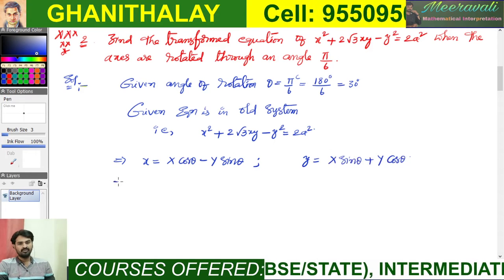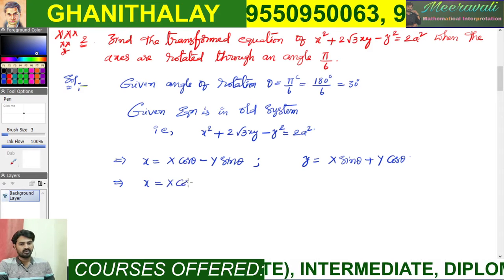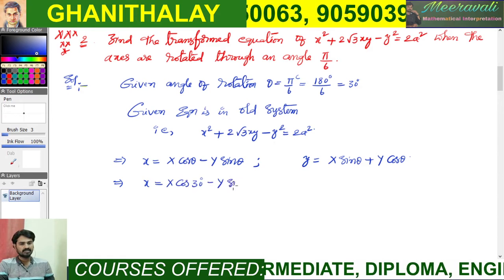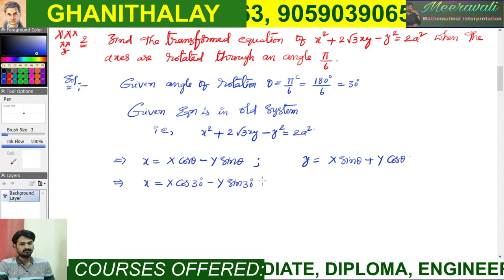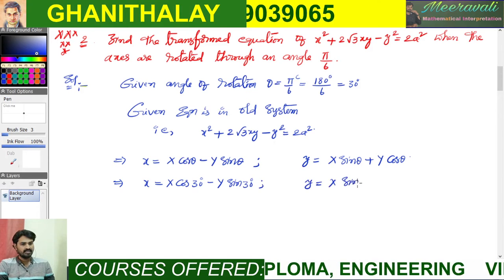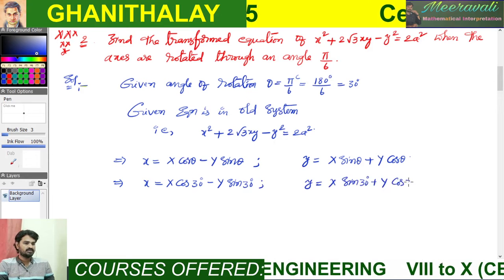Now you can put x is equal to capital X cos 30 degrees minus capital Y sin 30 degrees. Now small y is equal to capital X sin 30 degrees plus capital Y cos 30 degrees.